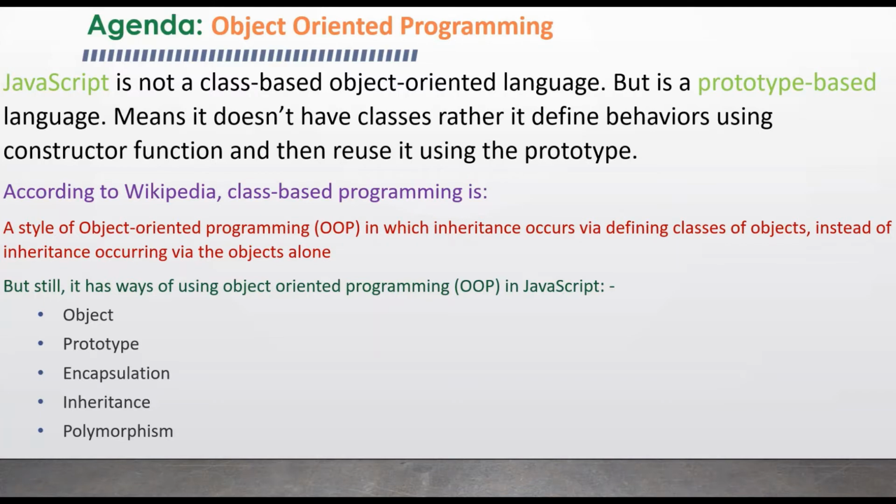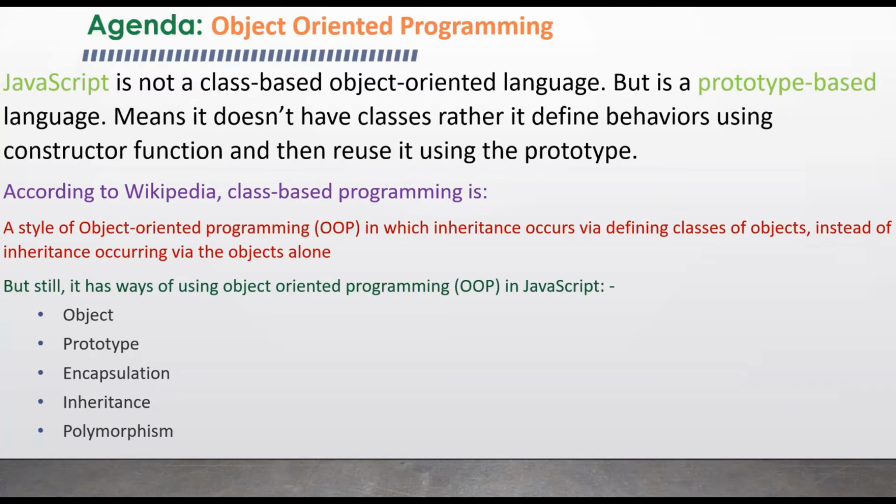So we have to see how we can implement object-oriented programming concepts in JavaScript. Still, there is a way to use object-oriented programming in JavaScript. The main feature supported by JavaScript, first of all, is the object, because JavaScript is all objects.